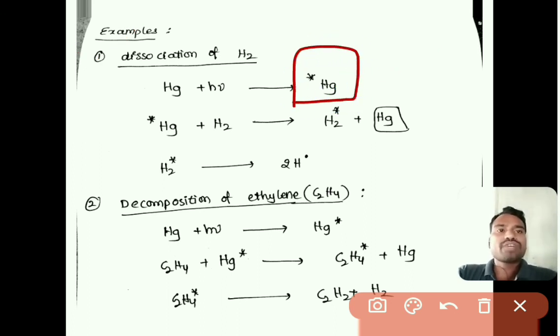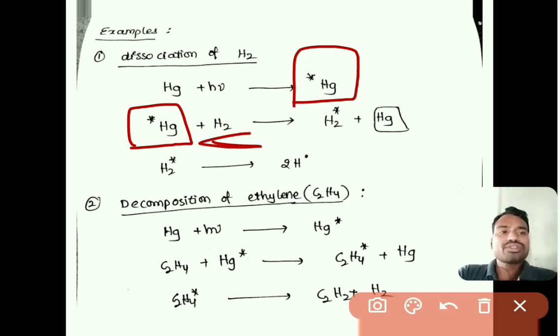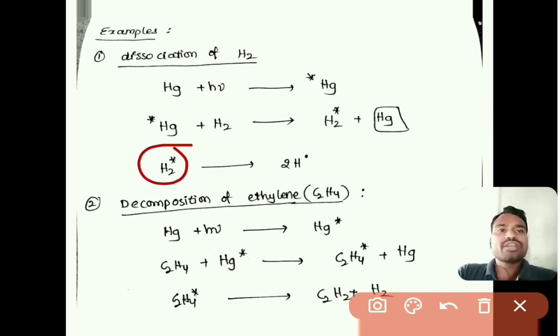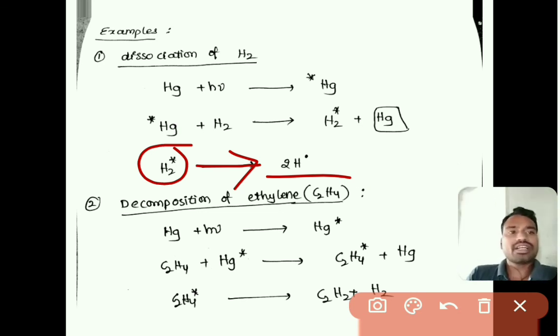Hg undergoes excitation, and this excited mercury transfers the energy to the reactant, hydrogen, and now hydrogen undergoes excitation by taking the energy from mercury, and mercury returns to normal, right? And this excited hydrogen undergoes dissociation, so that two hydrogen radicals are formed.